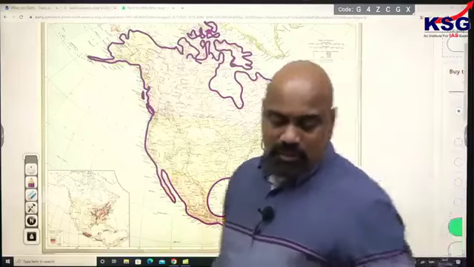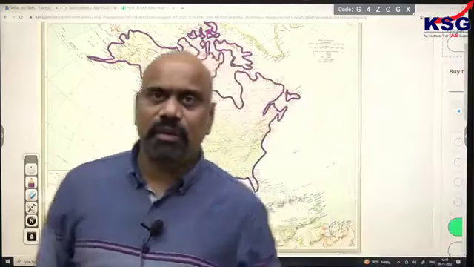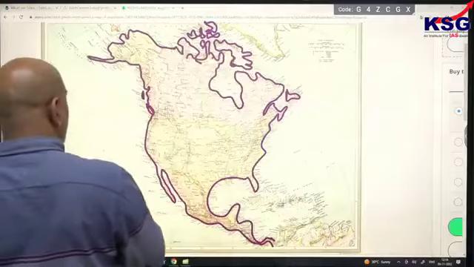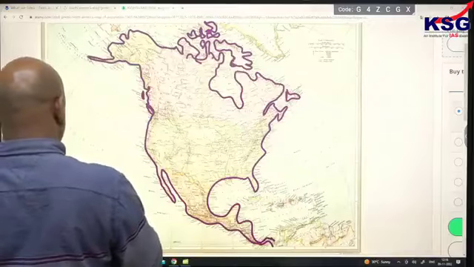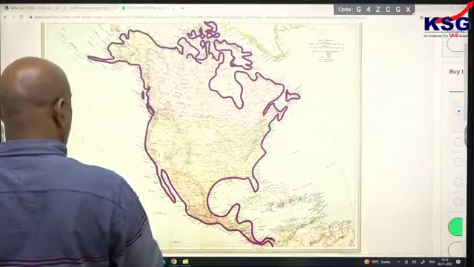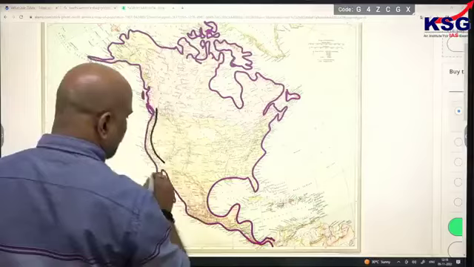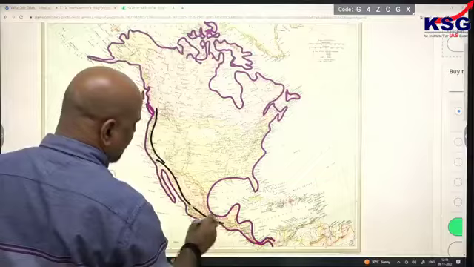This is the North America. In this North America, we have this is the area where you have a mountain.